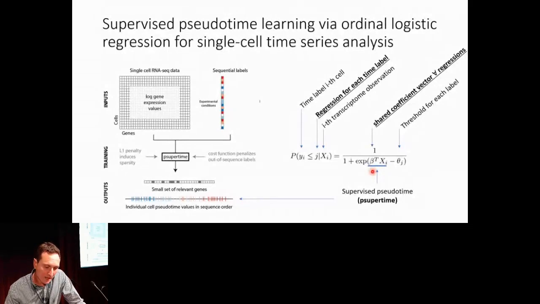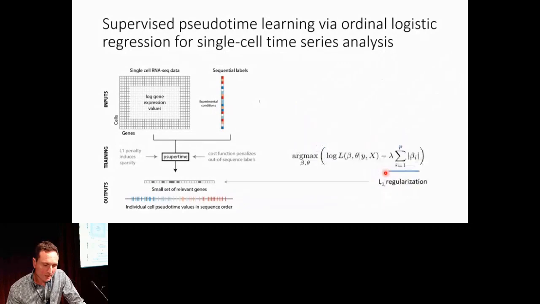And this linear combination, beta times the transcriptomic profiles of the single cells, can then be used as a pseudotime that is associated with the time that you try to associate with. And by performing a sparse ordinal logistic regression using an L1 penalty, the parameter vector beta is enforced to be sparse and therefore be more interpretable.